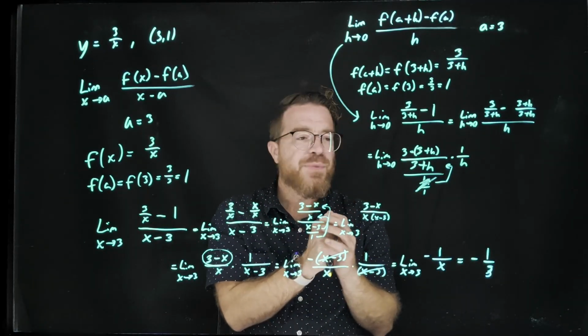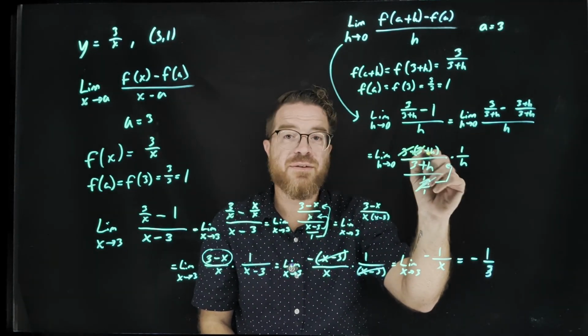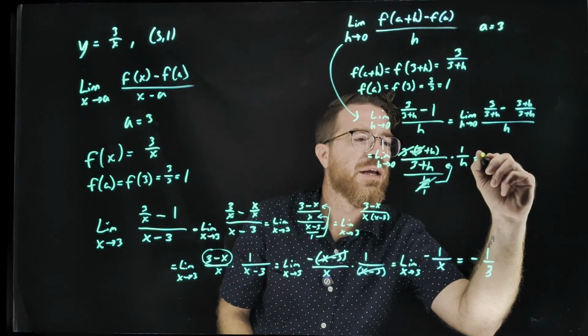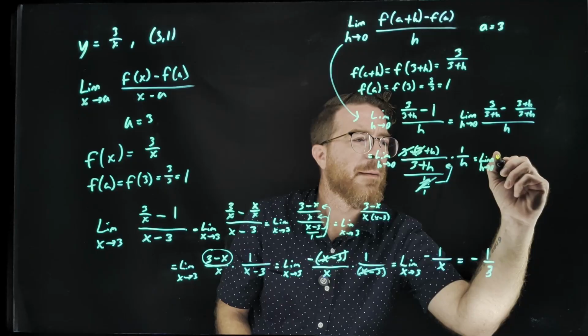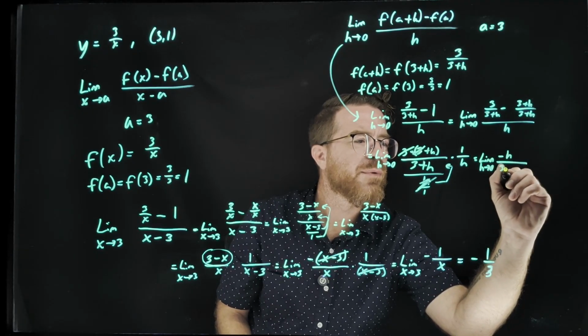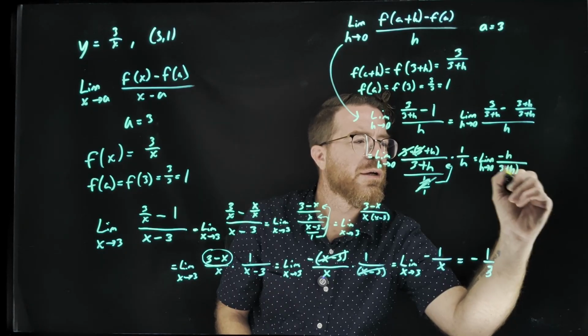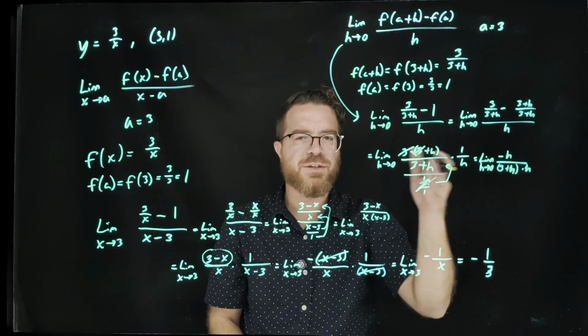So now we're going to cancel out these 3's. And of course, remember, this negative goes to this h. So I have the limit as h goes to 0 of minus h divided by 3 plus h, times 1 over h, so it's the same thing.